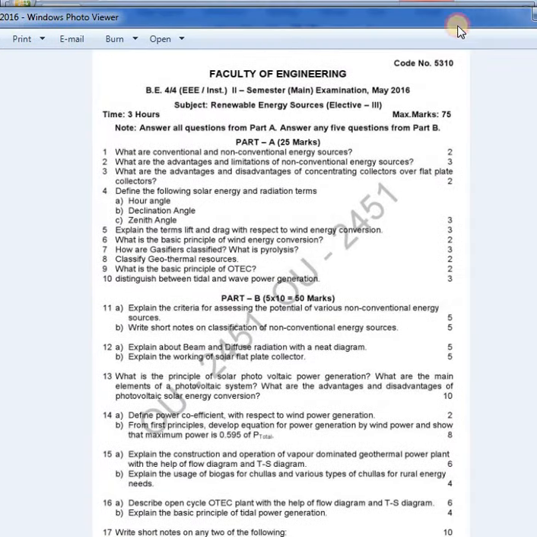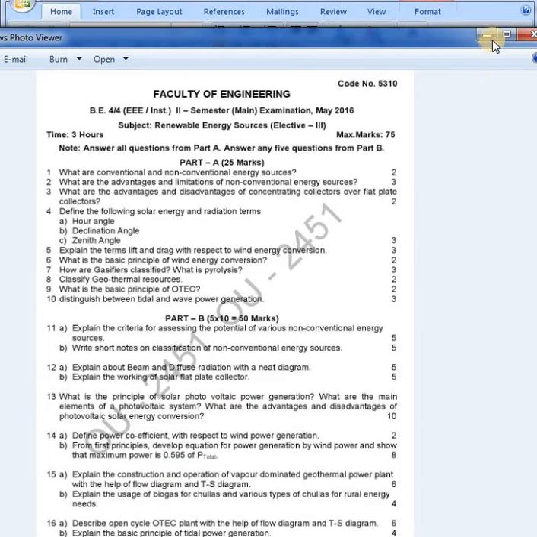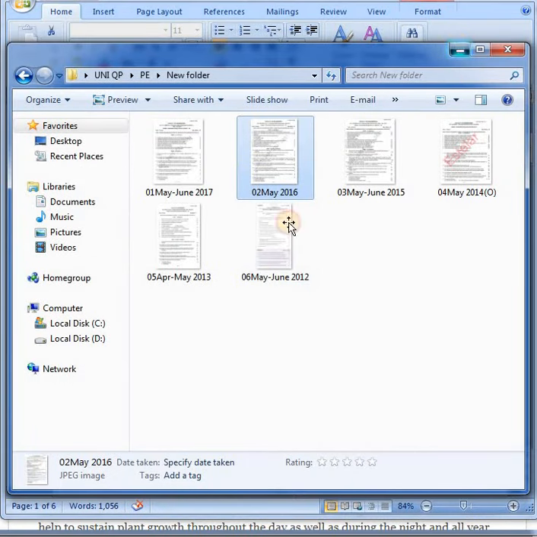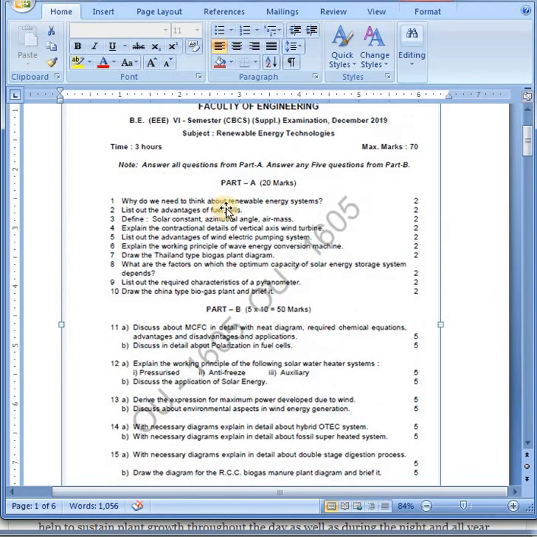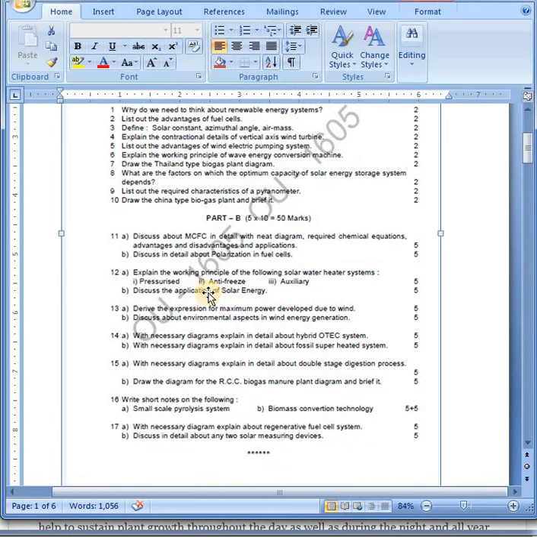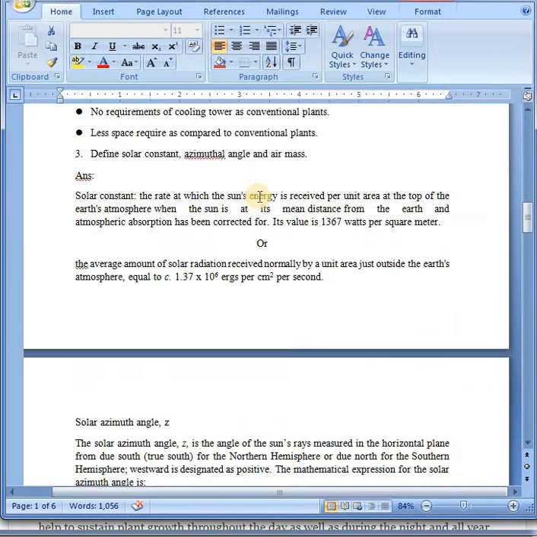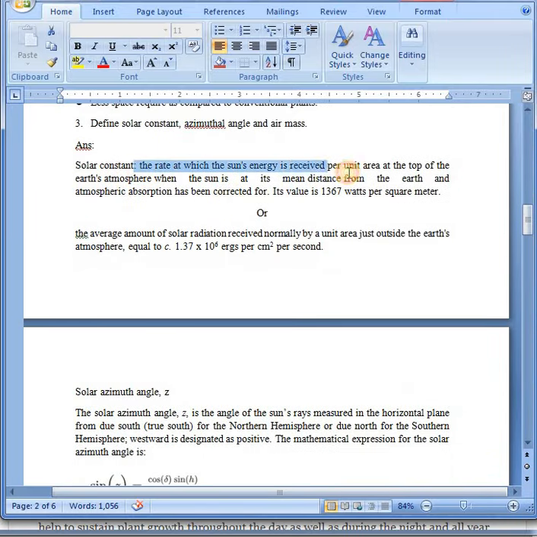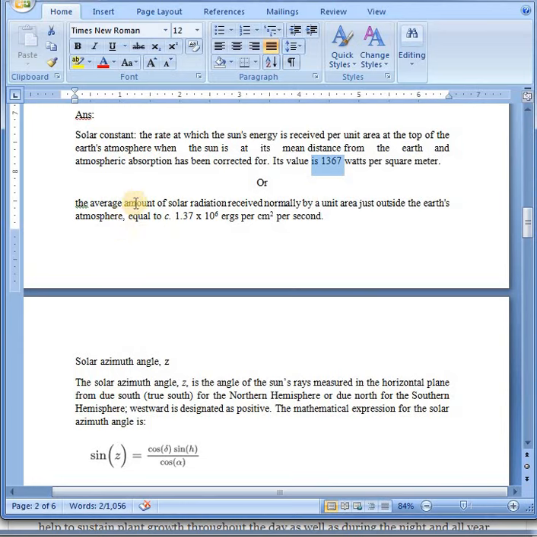Let's discuss some of the previous question papers. Here are some question papers where you have solar constant, azimuthal angle, and air mass. Solar constant is the rate at which the sun's energy is received at the earth's surface at its mean distance from the earth, and it is usually 1367 watts per meter square.